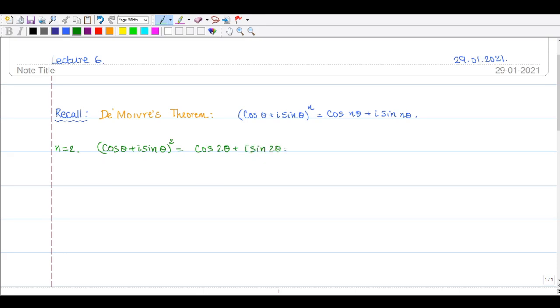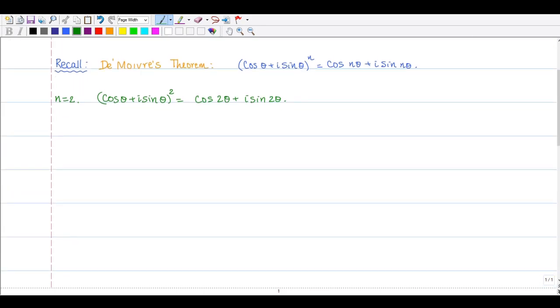Okay? Now let me see what this gives. I'll rewrite this equation the other way: cos 2 theta plus i sin 2 theta is equal to (cos theta plus i sin theta) the whole square.